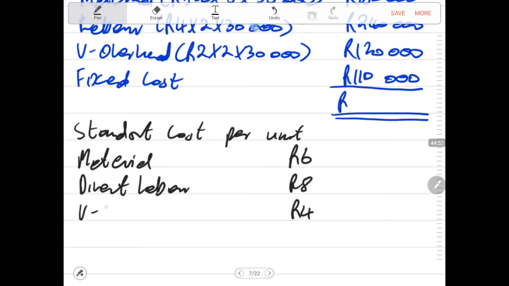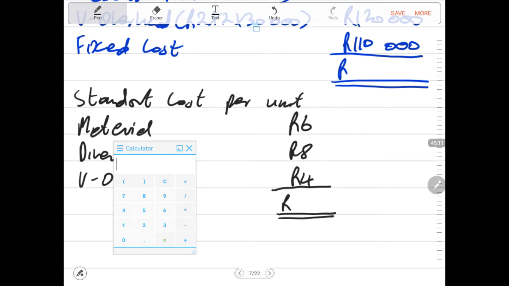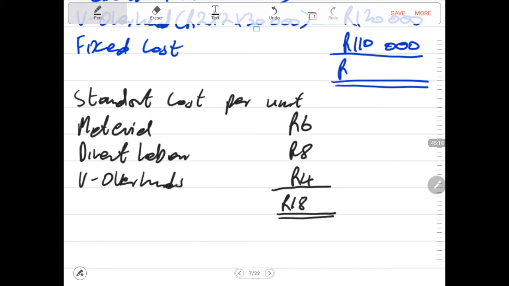Direct labor, variable overheads, it is 4 rand. Then we have our standard cost. Our standard cost will be 6 plus 8 plus 4. Our standard cost will be 18 rand. This is our variable standard cost.